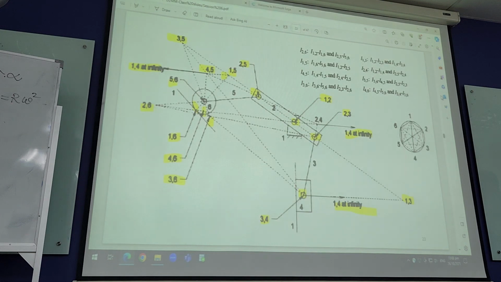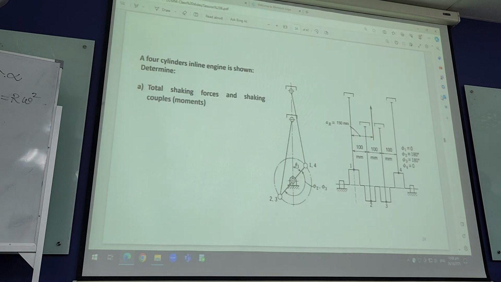You can see how complex this looks. During the pre-exam workshop, I think Professor Firoz will go through one such question. He will show in detail how you can locate all the 15 ICs.